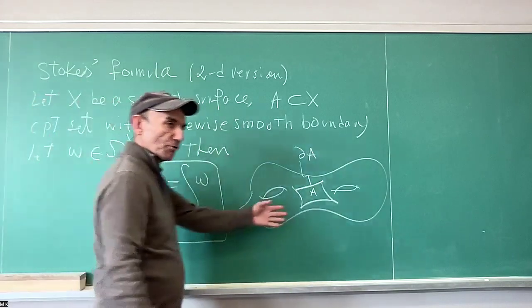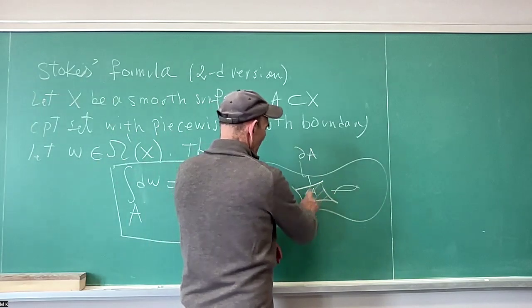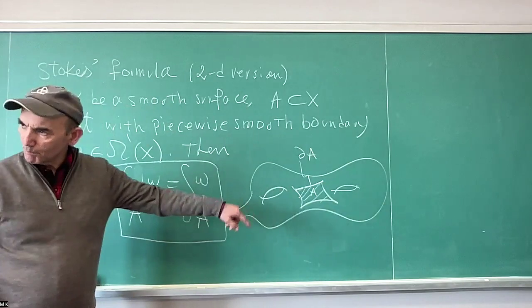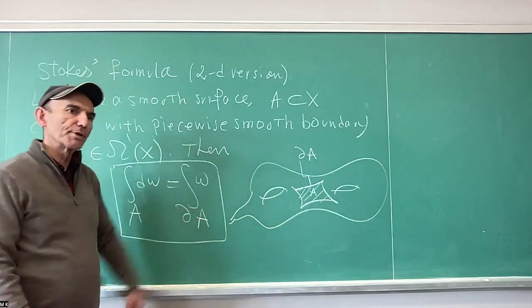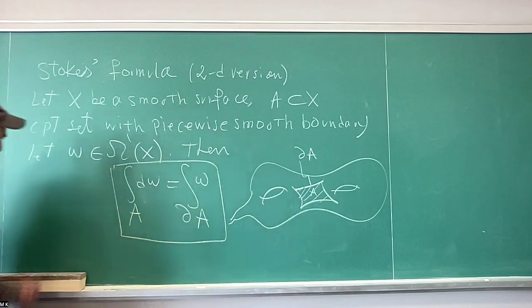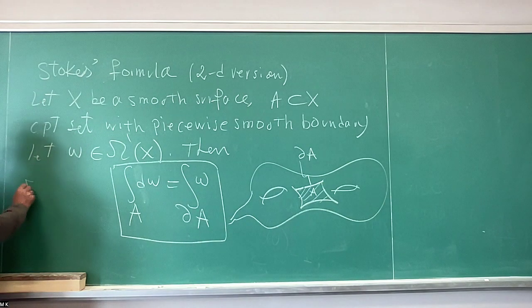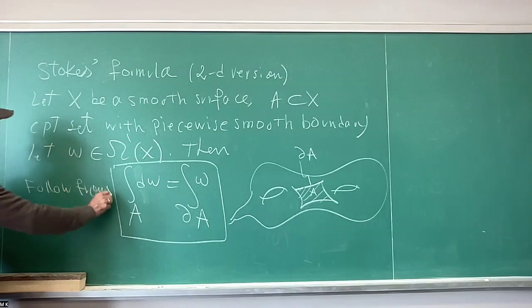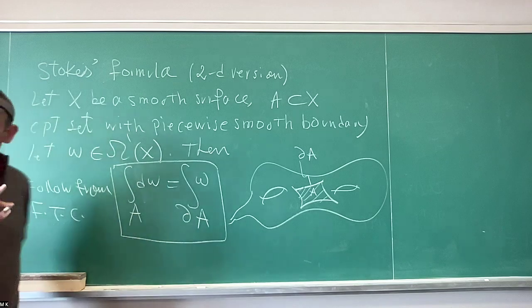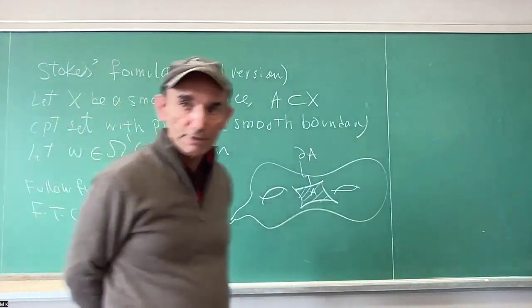If you integrate this two-form over the domain A, it is like integrating the one-form over the boundary. This is a consequence of the fundamental theorem of calculus, really the one-variable fundamental theorem of calculus. It follows from that.